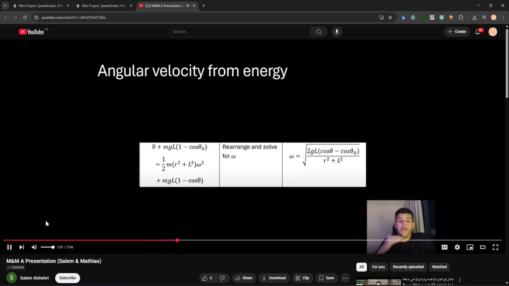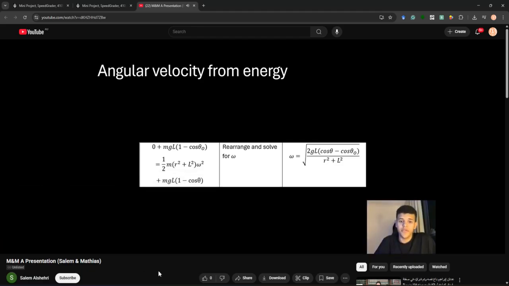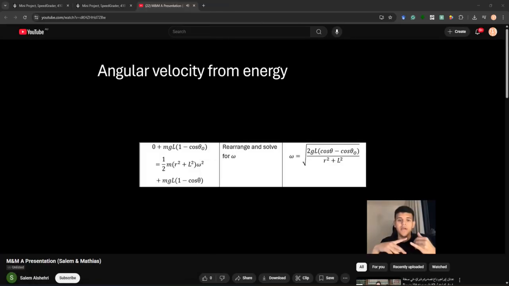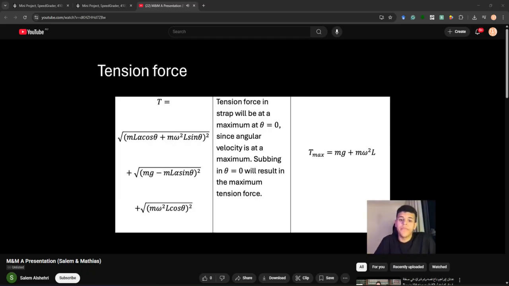And then to find the angular velocity, we use the conservation of energy: the potential energy difference from angle theta 0 to theta becomes rotational kinetic energy, giving us the expression here on this slide. At the lowest point in the swing, the strap supports both the weight of the pipe and the centripetal force from its angular velocity.